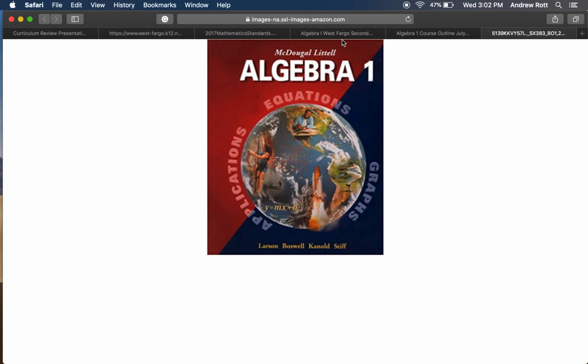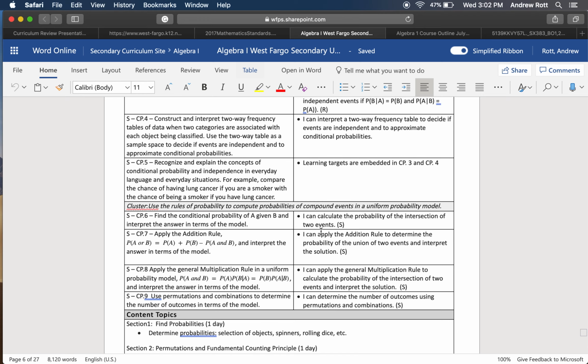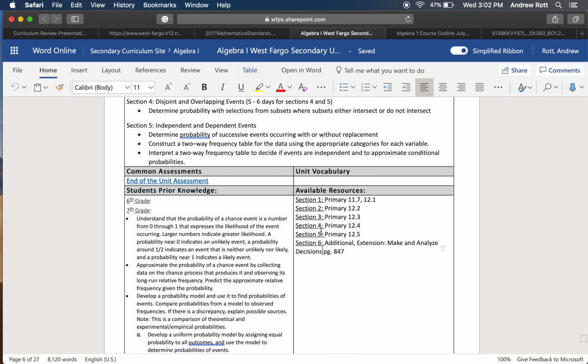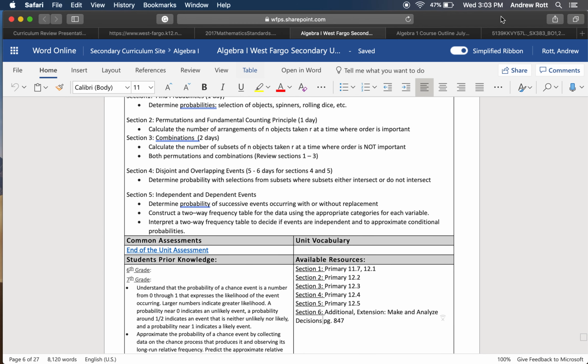It's where we pulled some of the ideas from, but it doesn't follow the book at all. It bounces around, and you can see right here, available resources. If you want more help with section 1 on just finding probabilities, you can go to that book and find section 11.7 or 12.1 and get some additional help, some more examples if needed. But students aren't handed a book. Teachers don't use a book. It's all written out for us.